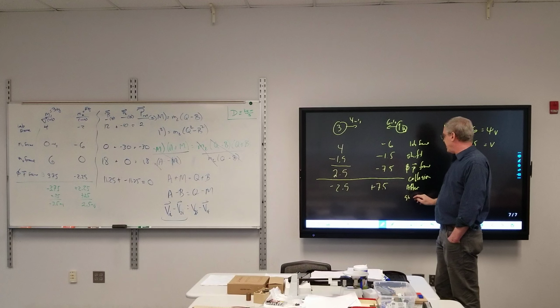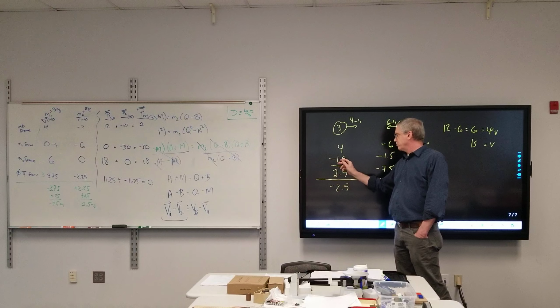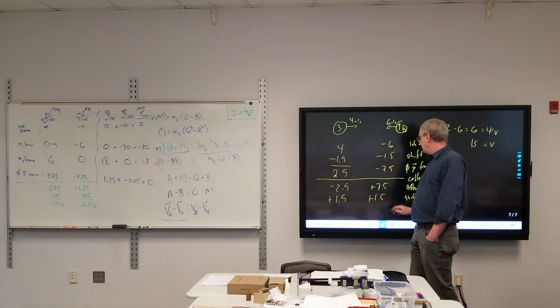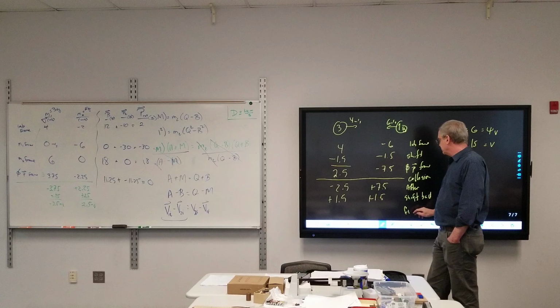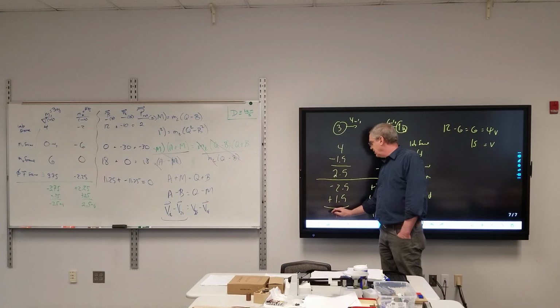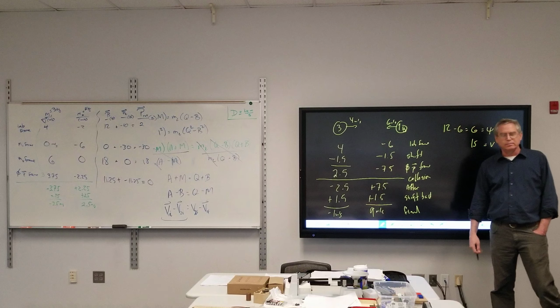And then the shift back. I subtracted 1.5 there, so I now add 1.5. And final: 9 meters per second. Negative 1 meter per second. Answer.